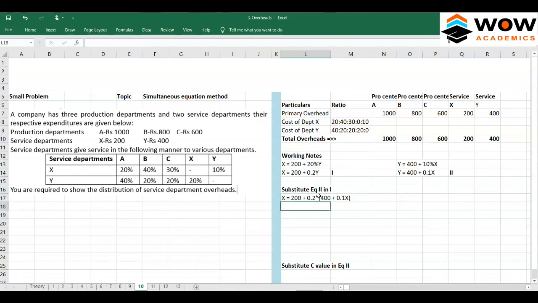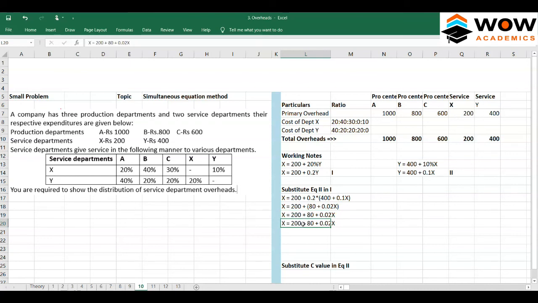So we can solve it like this. 0.2 into 400 will become 80. 0.2 into 0.1 will become 0.02. So 0.2 has been multiplied, and it becomes this number. If you see, we can remove the bracket, so it is quite easy for us to note.